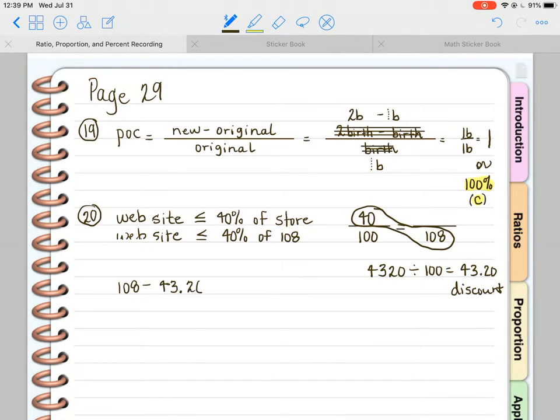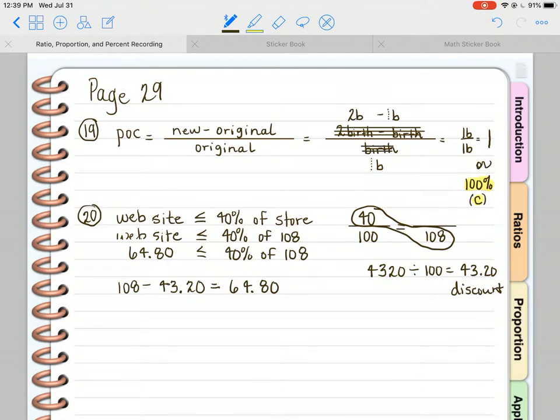So the most that the website should charge is $64.80. So $64.80 is the most those boots should cost on the website if the advertisement is valid.